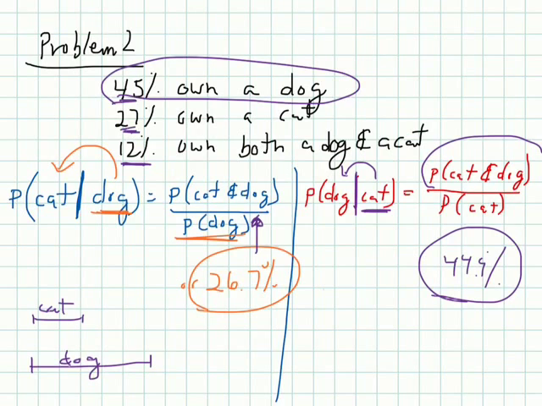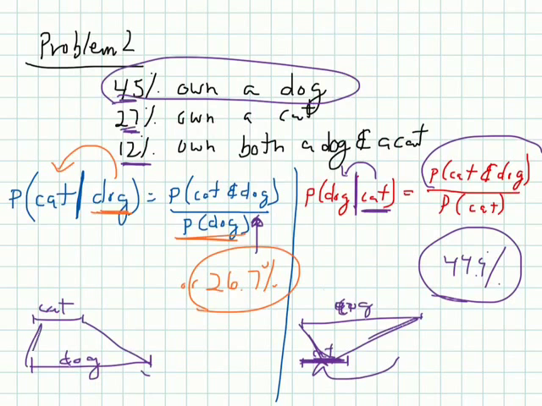Or on this end, if you own a cat first, if you can get in, if you're one of these 27%, then since 45% of the people own a dog, it's actually going to be a higher probability. If you get in here, it opens up wider, where here, if you get in, it comes down and it's more narrow. So that's why this is actually going to be a harder thing to do. 26.7% of people or less are going to be dog owners and then have a cat.